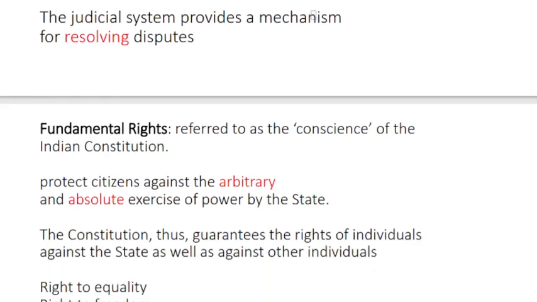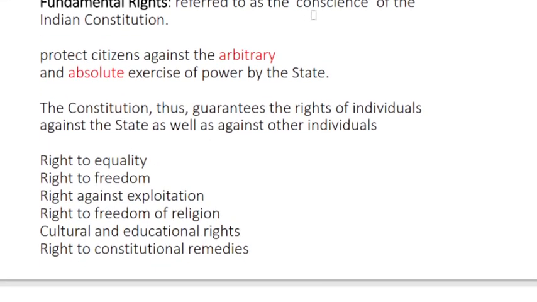Okay, the next one is fundamental rights. These are enshrined in the Indian Constitution. Very important feature this is. What is the use of these fundamental rights?